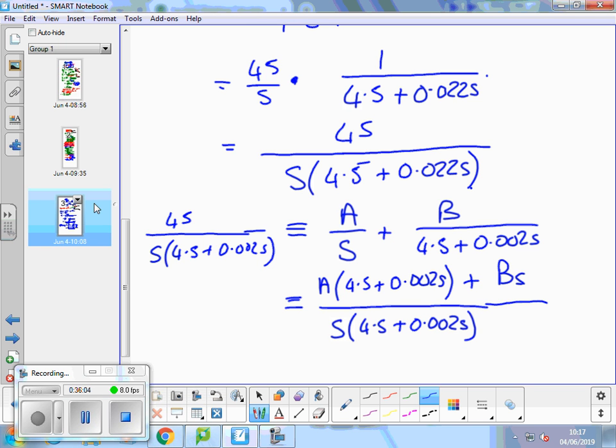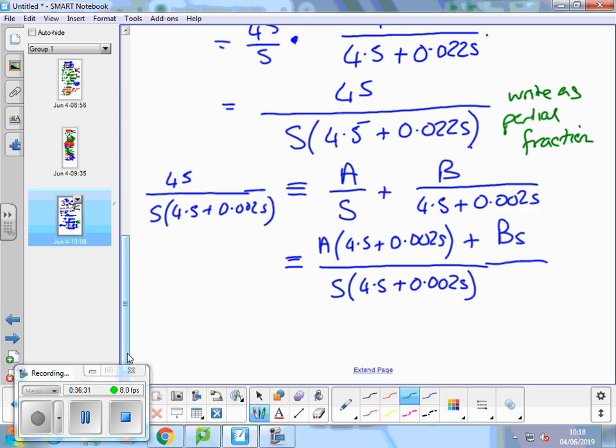So perhaps a little note in here: write as partial fraction in there, so you know what you're doing. And then we equate numerators.